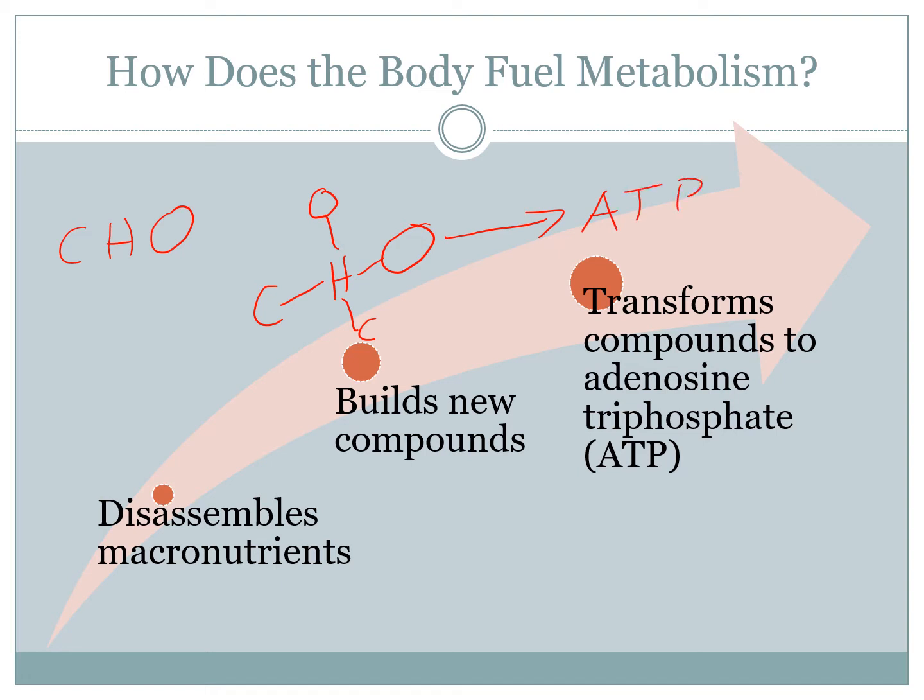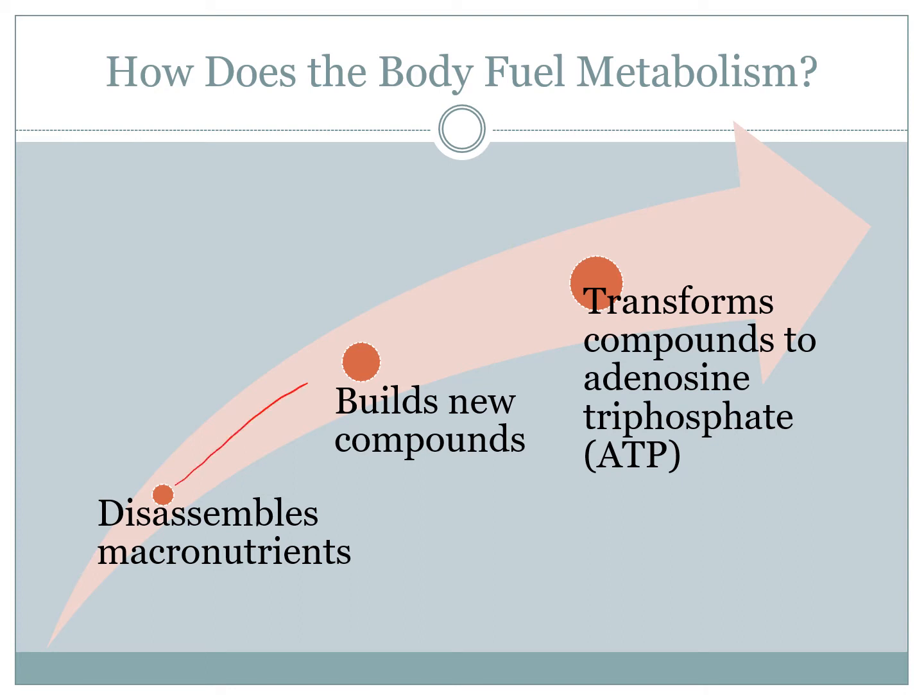So when we have all these broken down nutrients, it is the coenzymes and different steps within specialized organelles of the cell that allow those nutrients to be built into special compounds, and those special compounds be utilized to transfer into the end product, which is adenosine triphosphate. That's the whole purpose of turning what you eat into energy.